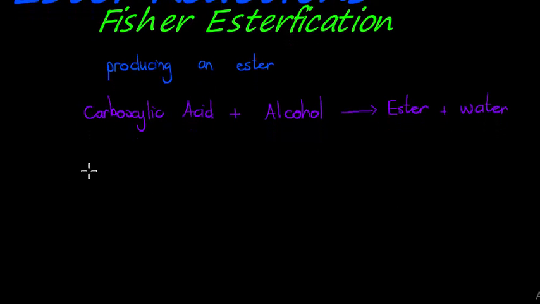Okay, so first of all, when we have a carboxylic acid, we have a carbon double bonded to an oxygen. The carboxylic acid means that this carbonyl group is bonded to a substituent on one side and a hydroxyl group on the other side. Okay, and this is bonded to an alcohol.